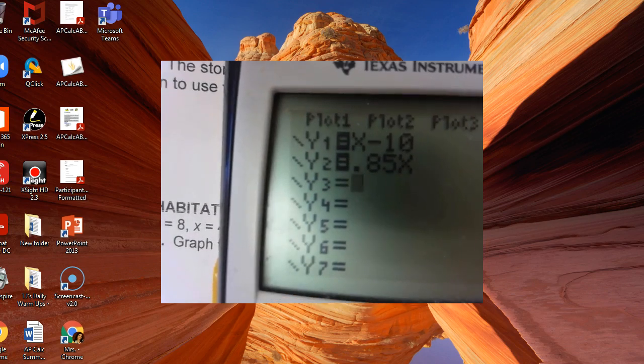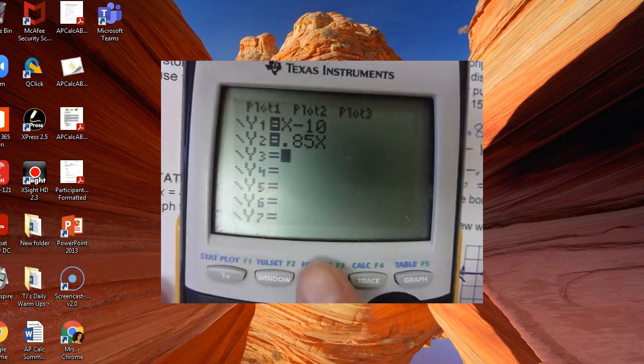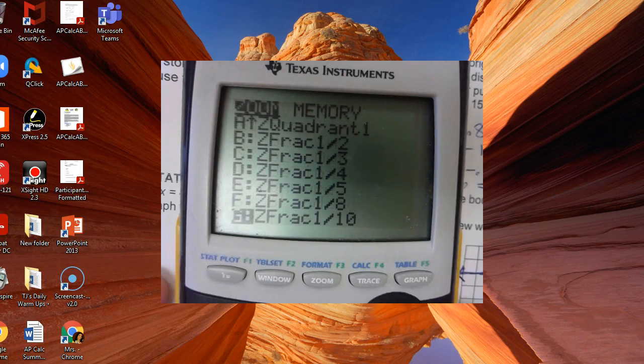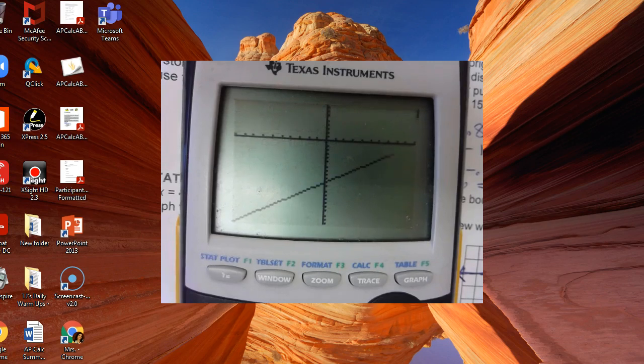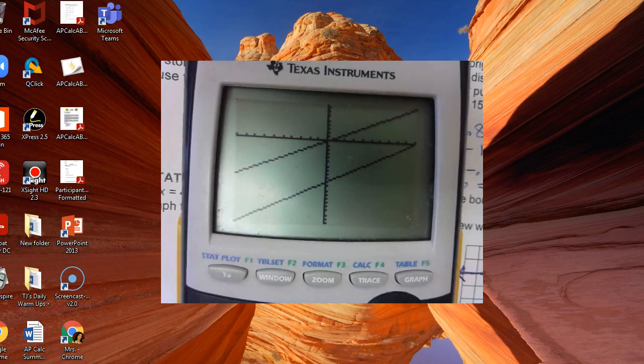So again, you're going to go to zoom, and you're going to go to fit. And again, it's super annoying because look, they gave me all this garbage space. Zoom fit is not always best for our calculators.